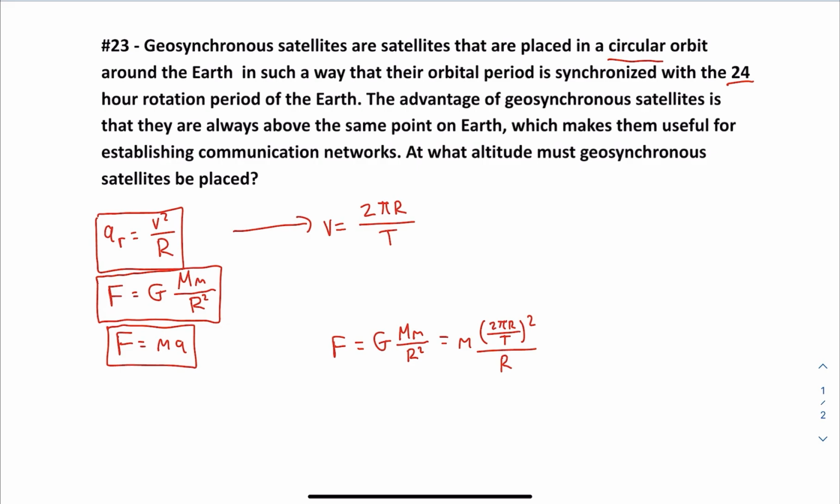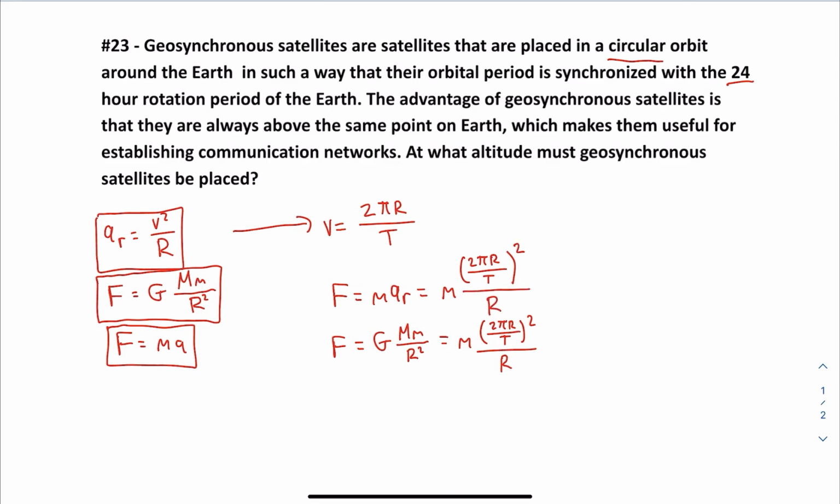And so if we get the force from the acceleration on the satellite, we can say that that force is equal to the mass of the satellite, which is a little m, times that a sub r, which we can substitute for what we already have, v squared over r, and then we can substitute it again with what we already have for v, leaving us with m times (2 pi R over T) squared, all divided by that big R.